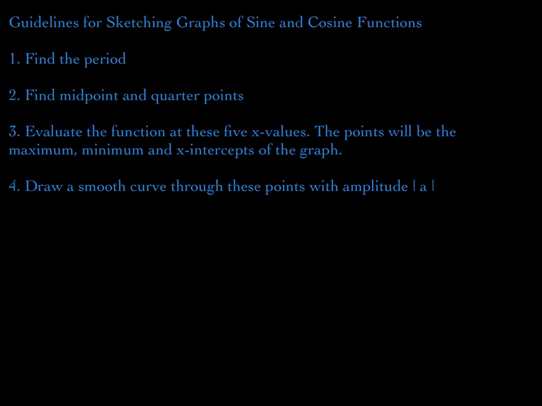Left endpoint, right endpoint, 2 quarter points, and a midpoint. We're going to evaluate the function at these 5 x values. And the points will be the maximum, the minimum, and the x-intercepts of the graph. We'll then draw a smooth curve through these points with amplitude, absolute value of a. I'm going to walk you through these steps or guidelines for every single example that we do from this point forward.